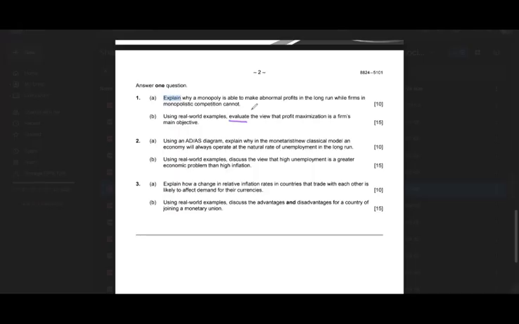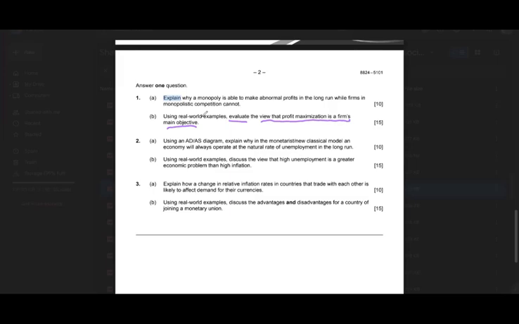So, for example, if you have this question here, evaluate the view that profit maximization is a firm's main objective. Obviously, you want to argue points that profit maximization is their objective and why that's a good thing.